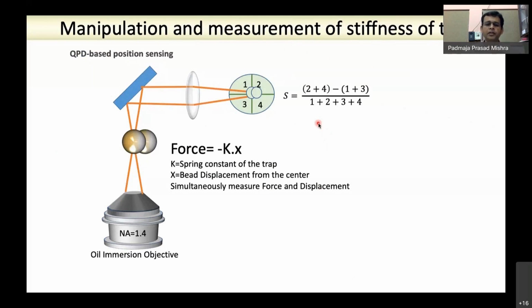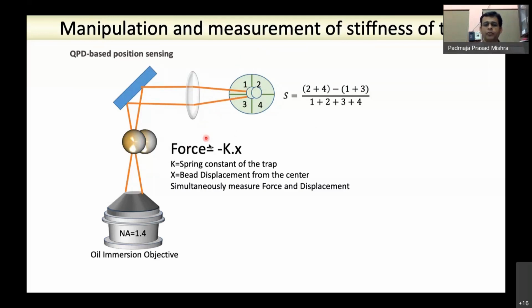I'll not go into details, but one of the common practices while calculating this spring constant is by using a detector called a quadrant photodiode. If you have the particle trapped, and it starts moving, the signal can be converted to a digital signal, and the intensity can be measured, and from that how much the displacement is there can be back calculated.